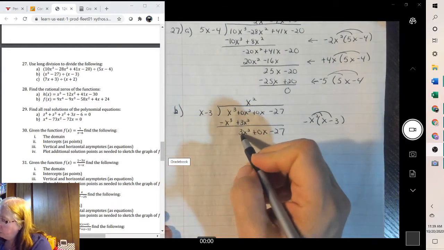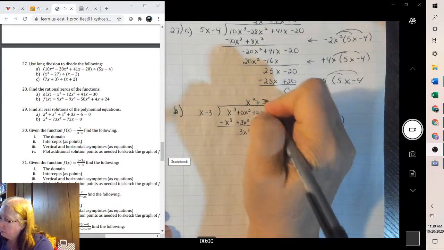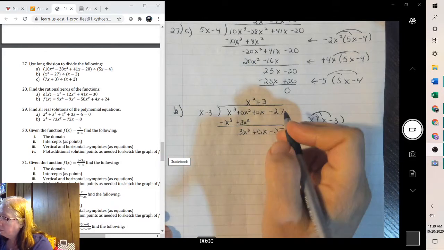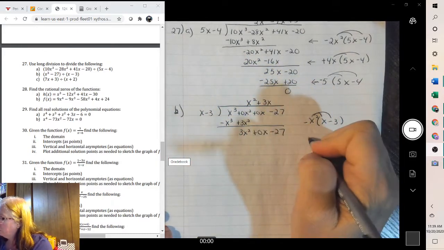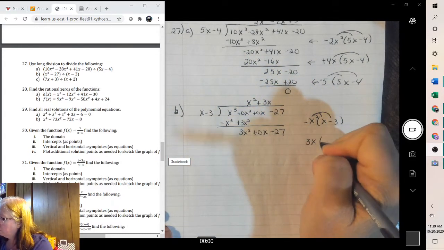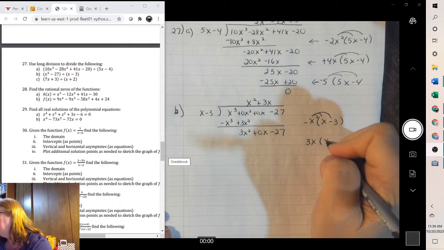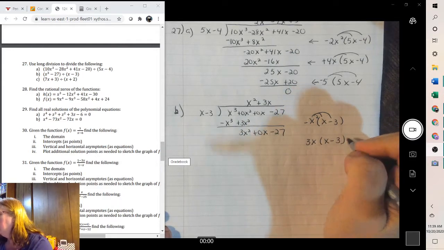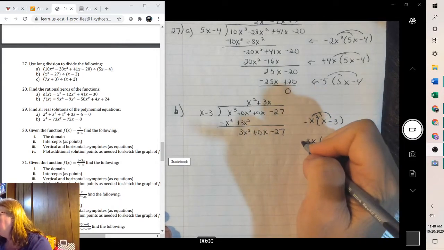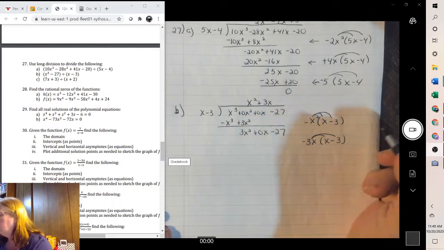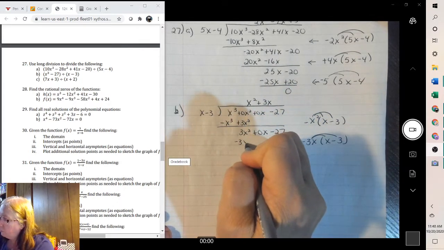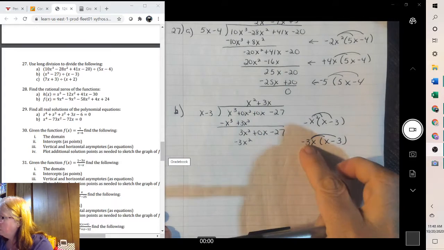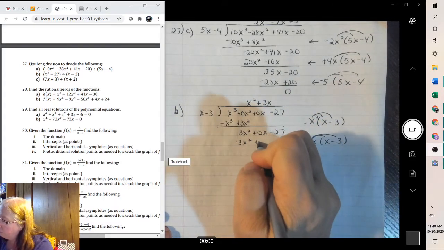I need a 3 and 1 more x. So I'm going to take 3x times x minus 3. I am subtracting, so I will change my sign and then distribute and get a negative 3x squared plus 9x.